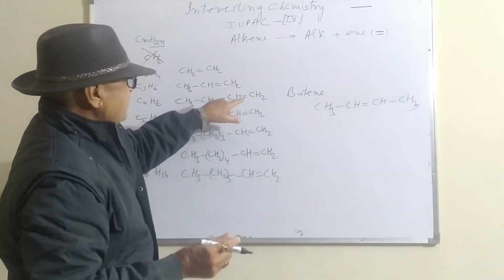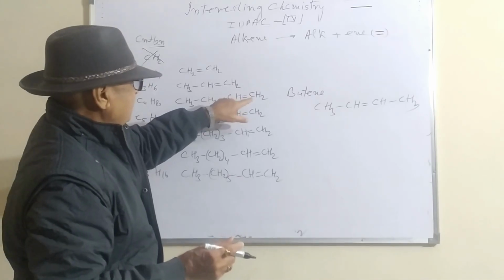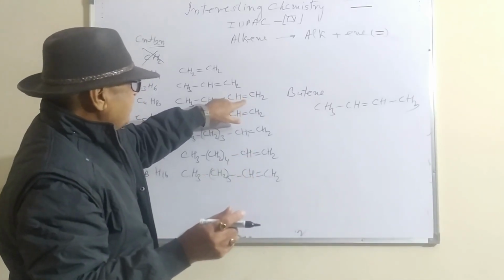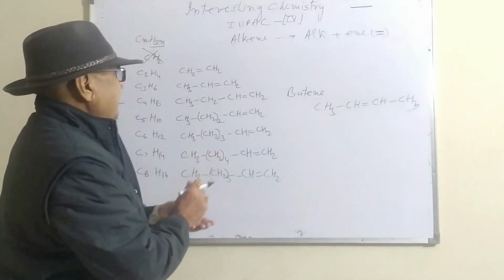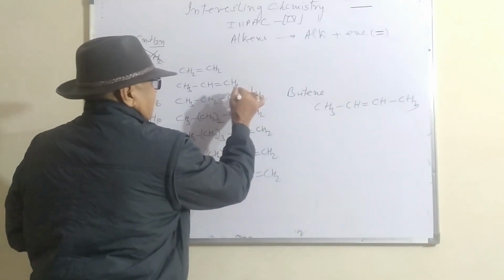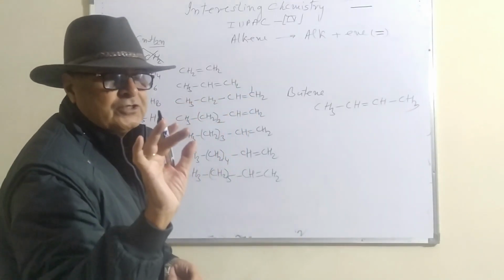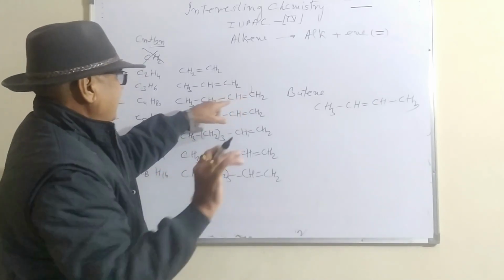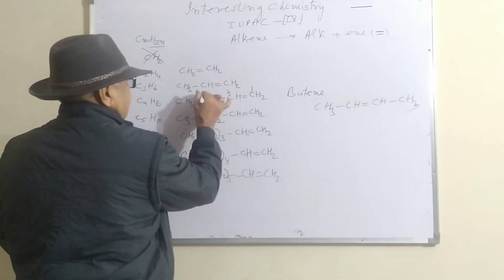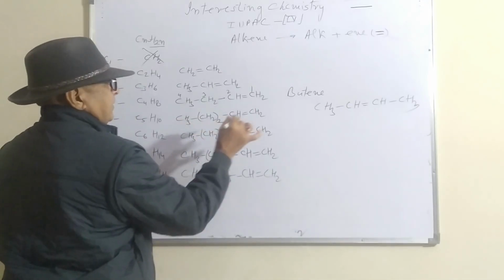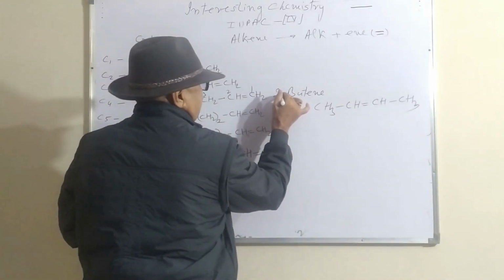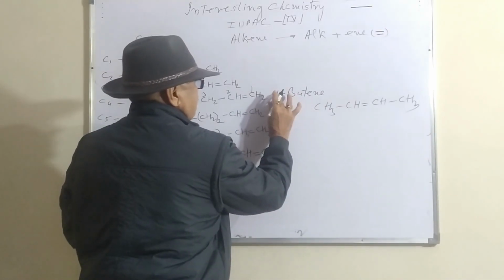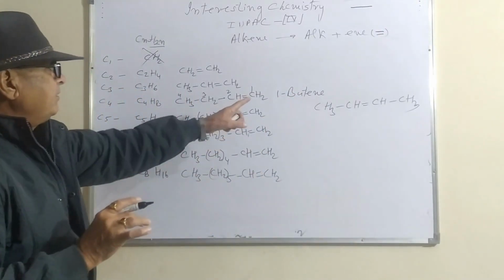If you write the double bond starting from this end, it will be called one. You have to show the location of the double bond. Start with carbon 1, then 2, 3 and 4. The name of this butene will be 1-butene.